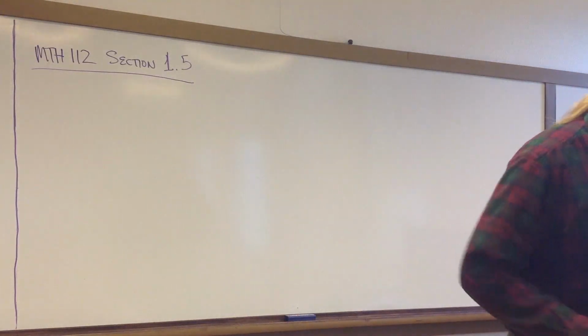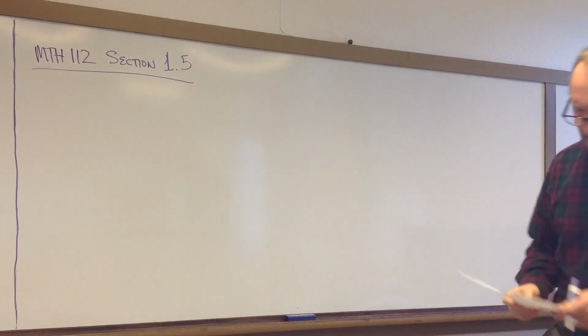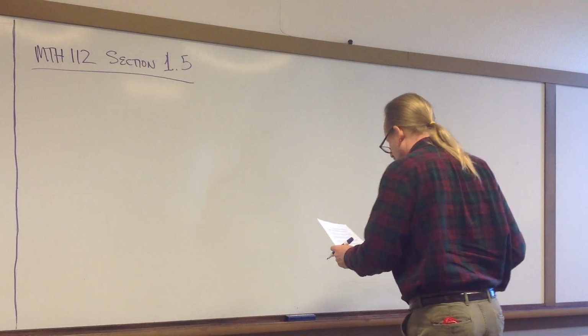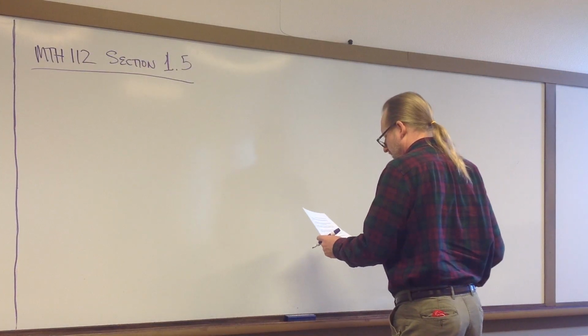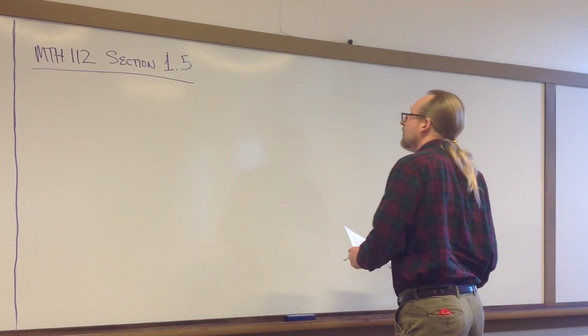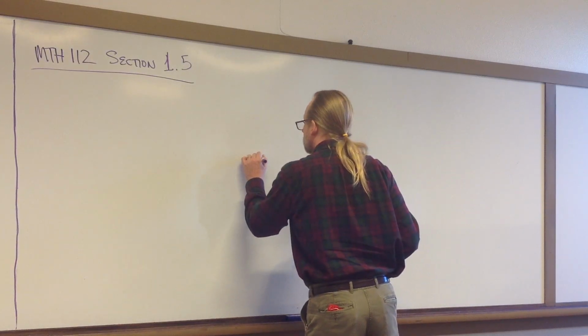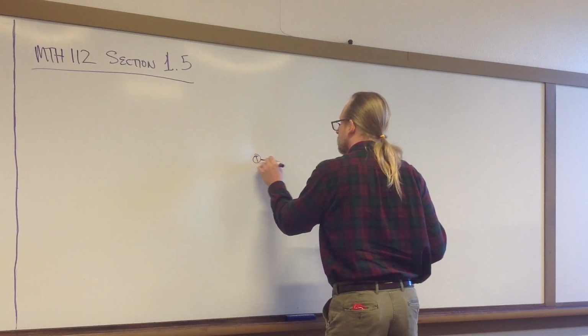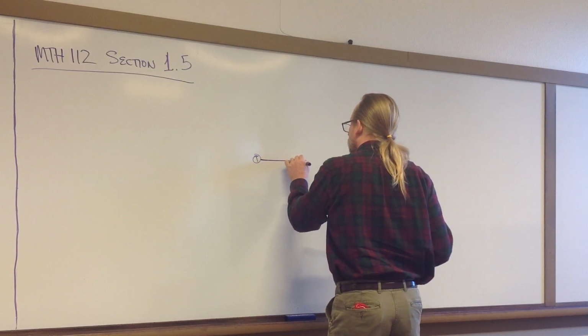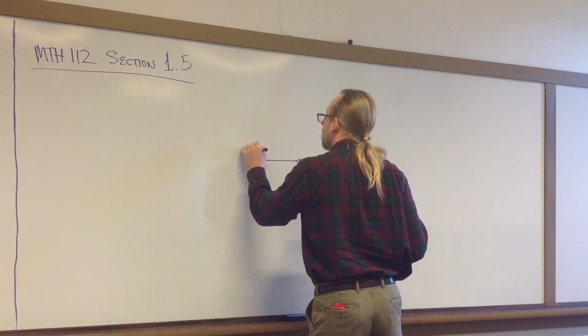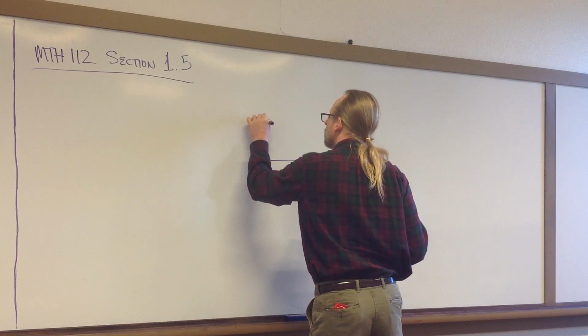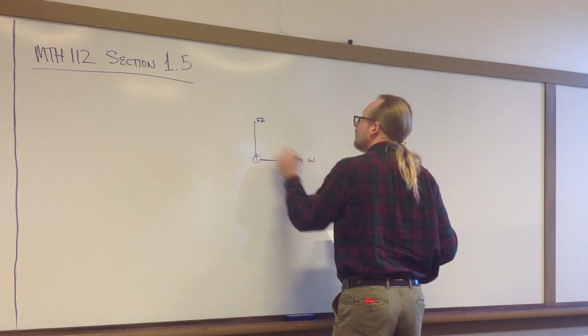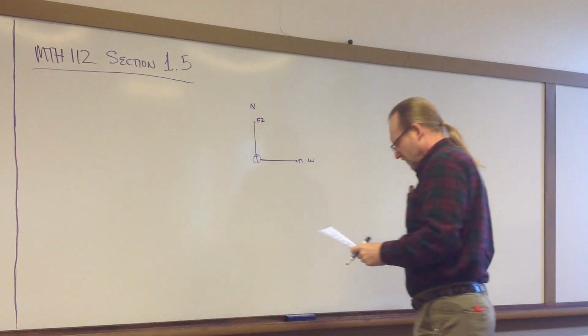So, problem 8. To estimate the height of a tree, one forester stands due west of the tree, and another forester stands due north of the tree. Well, let's see, I'll do a couple different drawings here. So here's one, forester 1, and here's forester 2. So this is due west, and this is due north.